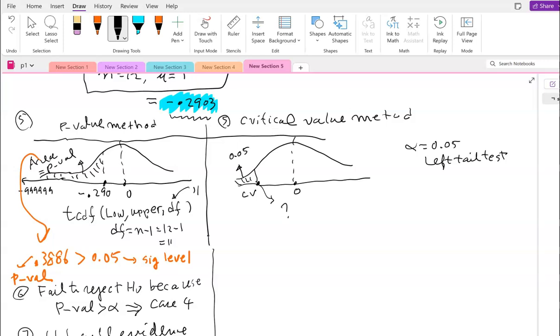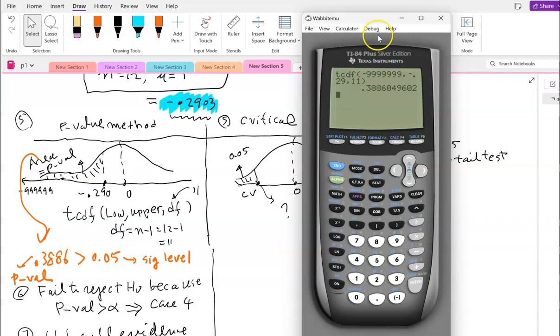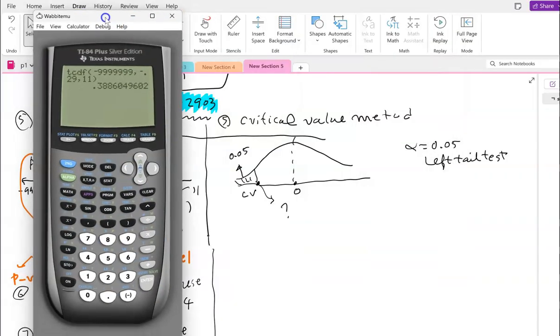So you go to the calculator. To find the critical value, you go to second bars. This time, be careful. You go to inverse t.